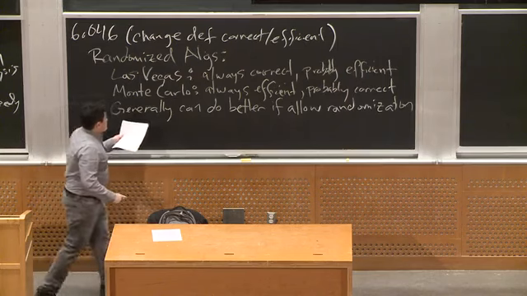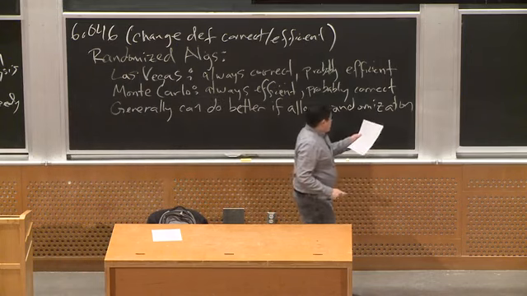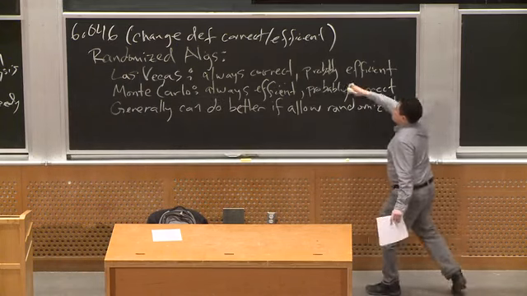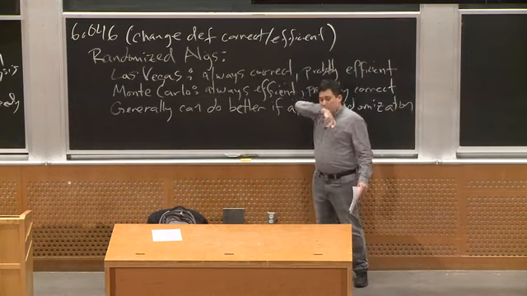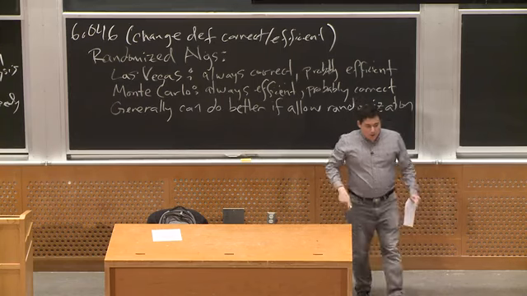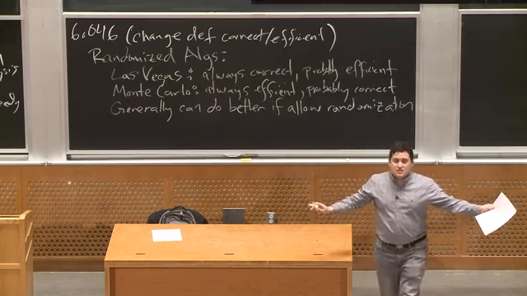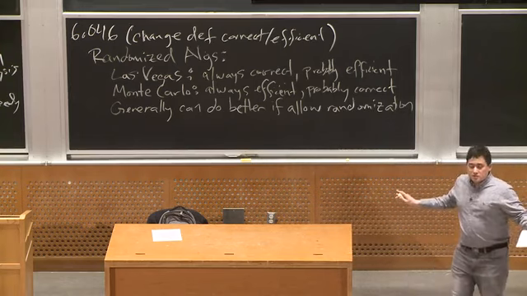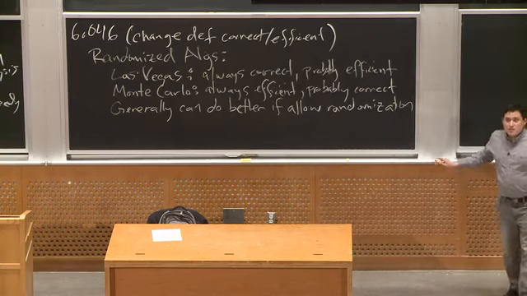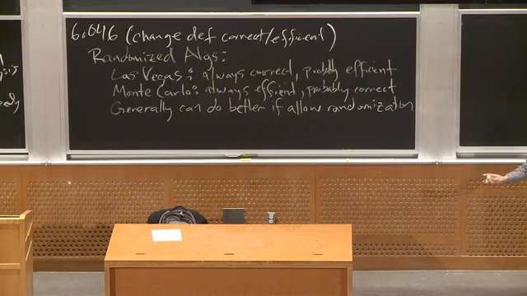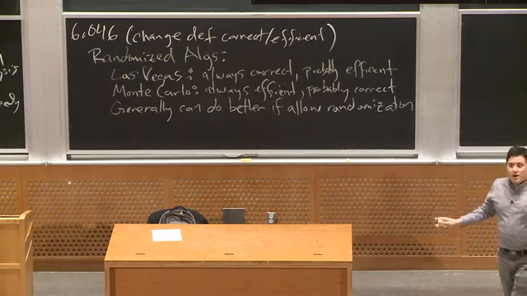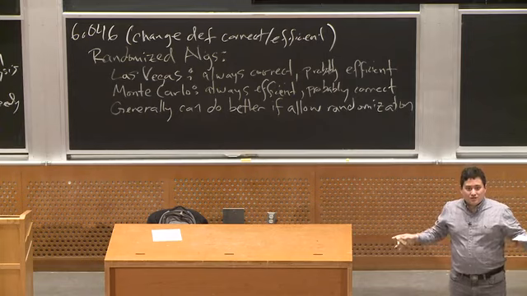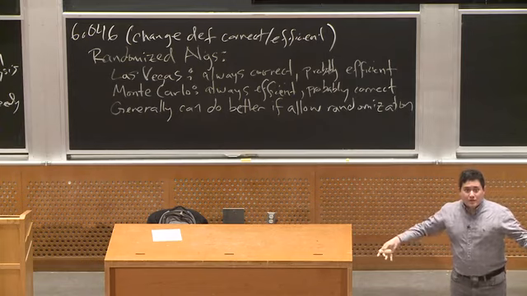Okay? The next part on 006 is kind of changing what our definition of correct or efficient means. We've restricted ourselves in this class to a class of problems where we only talk about integers, right? But there's tons of problems in this world, especially in scientific computing, where I want to be able to find out what this real number is.